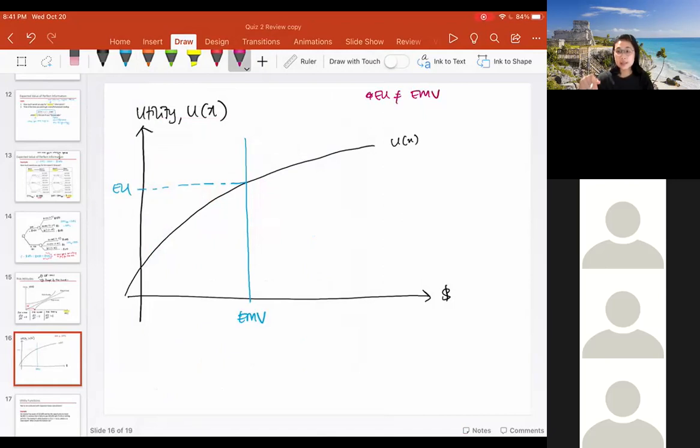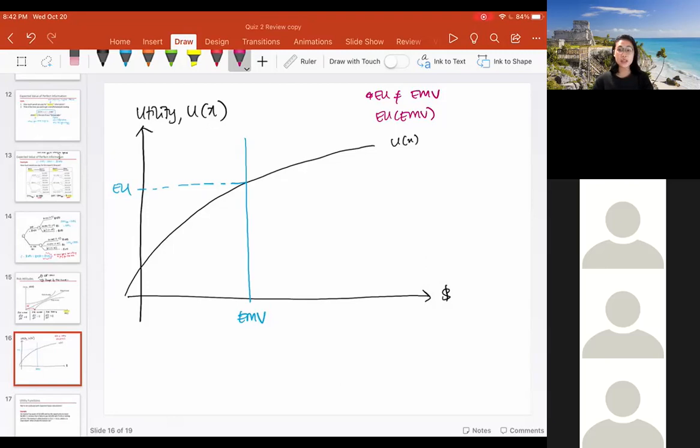EU takes dollar values and converts them into how useful that dollar value will be to you. EU of EMV is how useful this EMV is going to be to you based off this utility function.